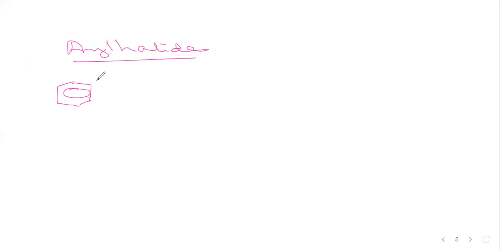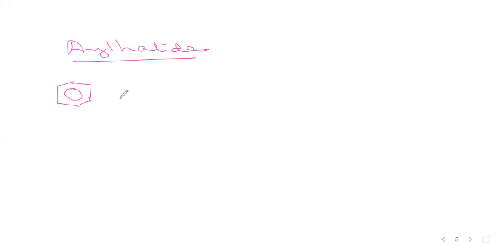What are aryl halides? They are those ones in which the halogen atom is directly attached to the benzene ring. So if we do the direct halogenation of benzene, we can get the aryl halides.